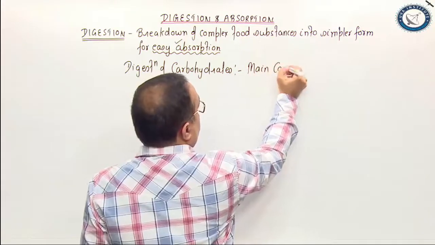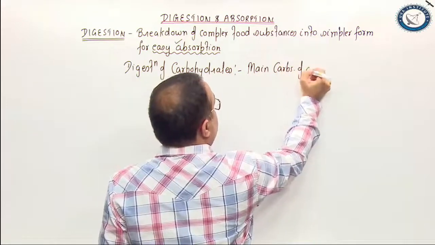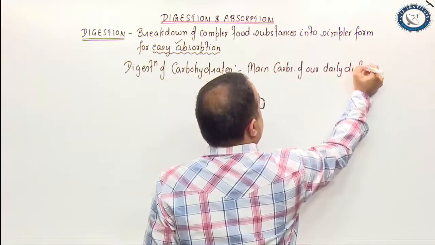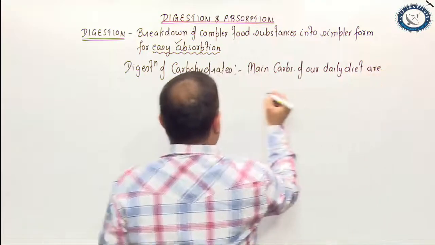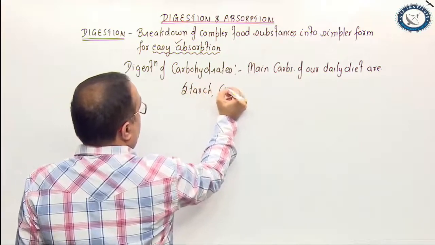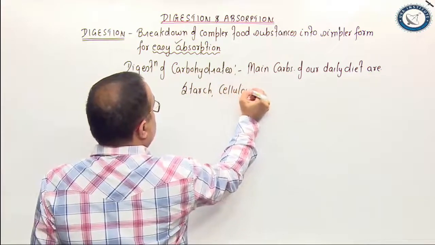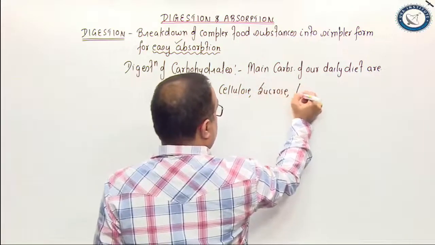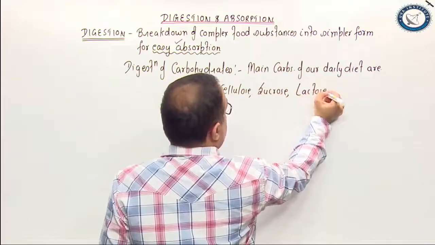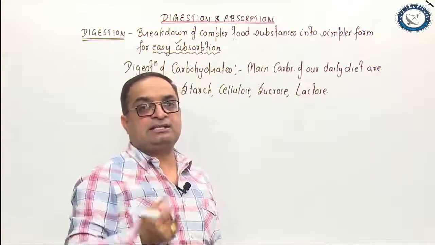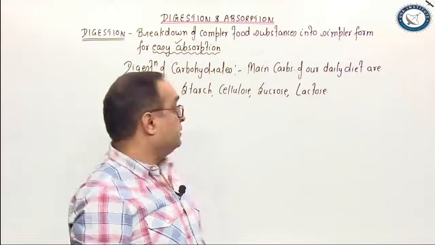Main carbs of our daily diet are: we take starch, we take cellulose, we take sucrose, that is table sugar, lactose, which is milk sugar. If you are taking germinating seeds, that contains the malt sugar, maltose also.